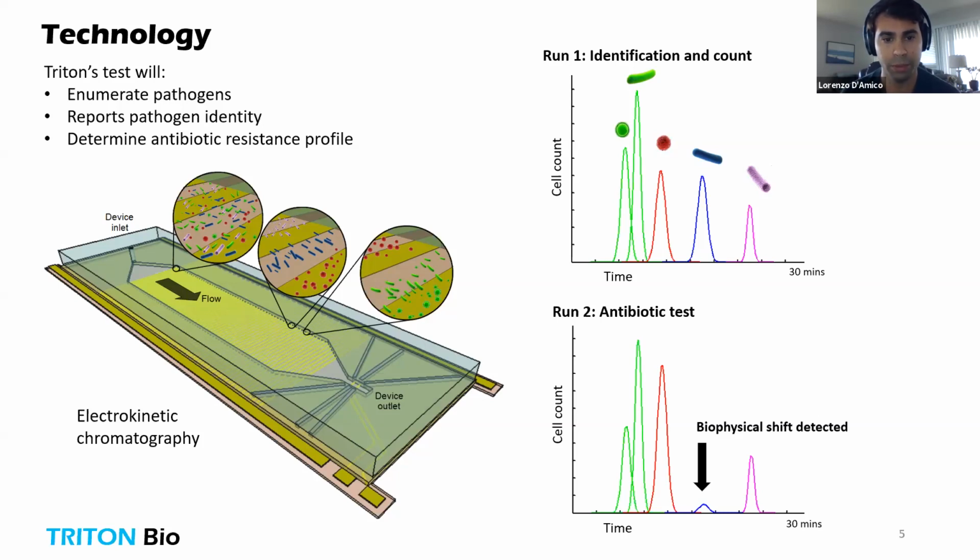To do that, we're developing a two-shot assay, which broadly we call an electrokinetic chromatography technique. The machine would auto-sample directly from the liquid sample obtained from the patient, whether it's blood or urine or a bronchial aspirate.